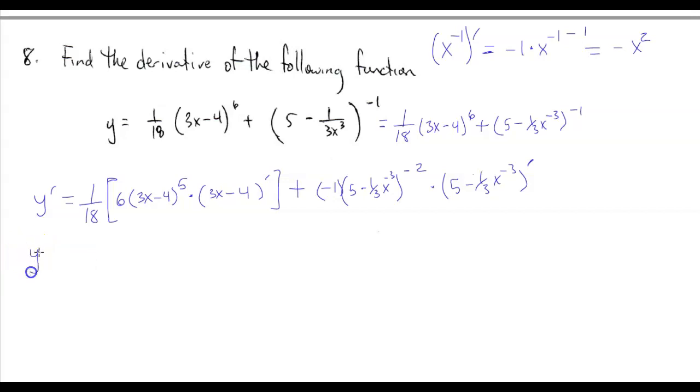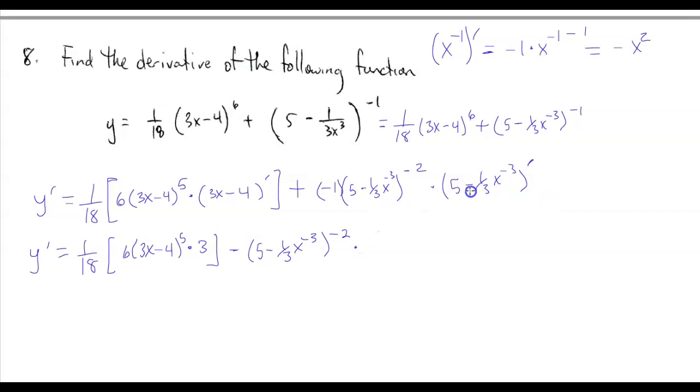And so now, at this point, we just need to execute derivatives and simplify. So we have 1/18 here, 6, 3x minus 4 raised to the 5, and the derivative of 3x is just 3. The derivative of a constant is 0, so we'll just leave it at that. Minus 5 minus 1/3 x raised to -3, all that raised to -2.